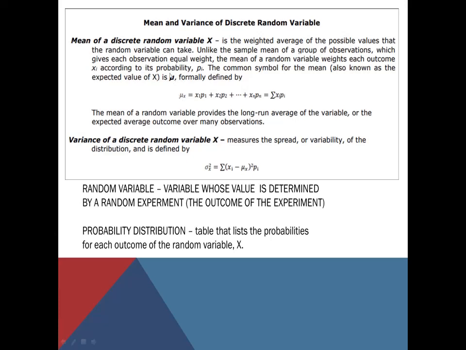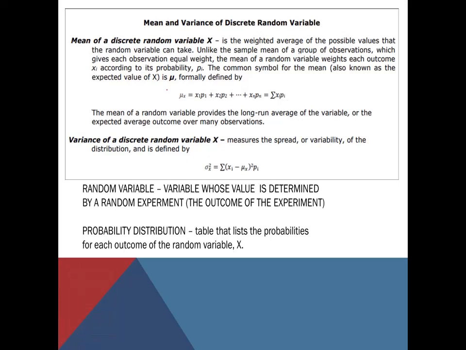Okay, so this is mu, formally defined by mu sub x is equal to x sub 1 times p sub 1 plus x sub 2 times p sub 2 plus so on and so forth until x sub n times p sub n is equal to the summation of x sub i times p sub i.